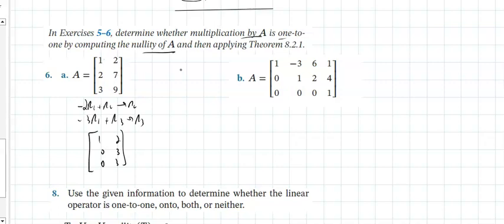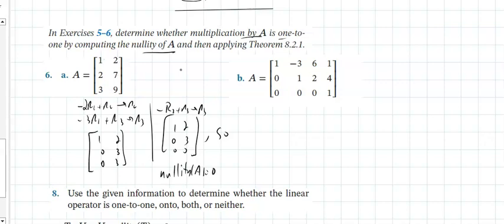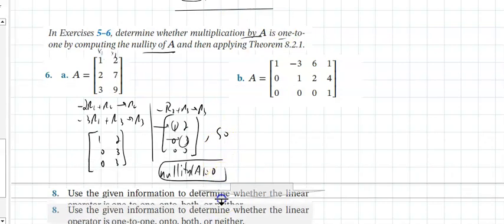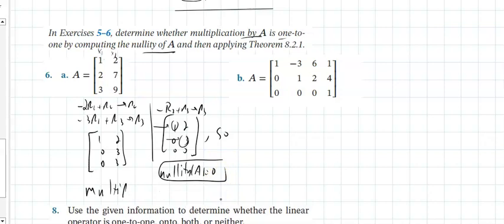And if we take negative row 2 plus row 3 in row 3, the nullity of A is 0 because we got 2 pivots, right? And we have 2 of those. So multiplication by A is one-to-one.